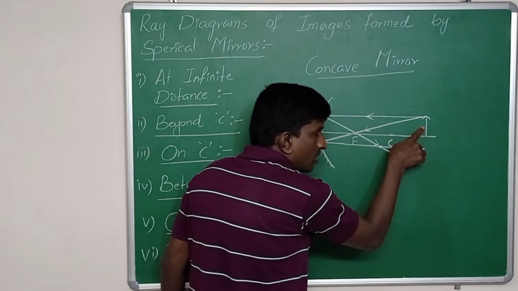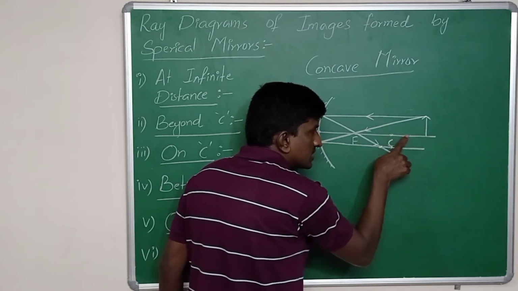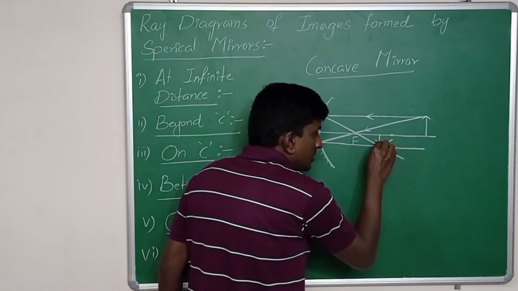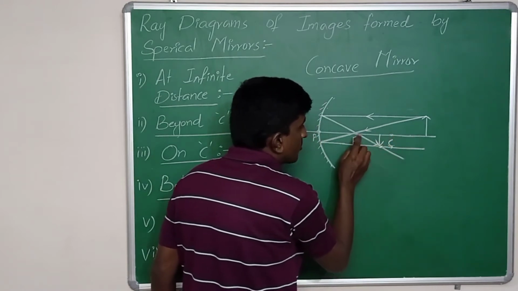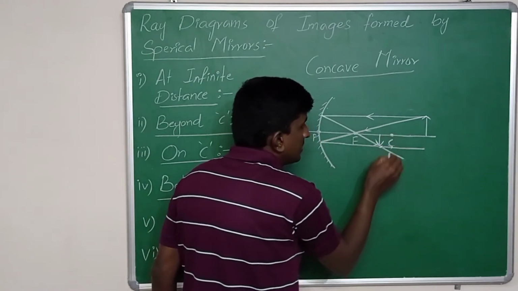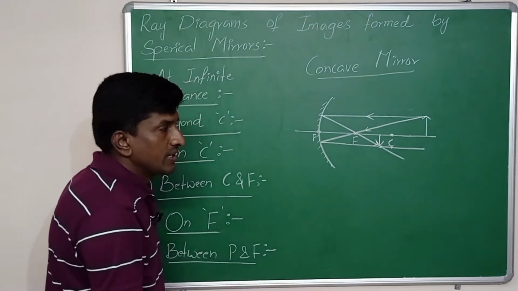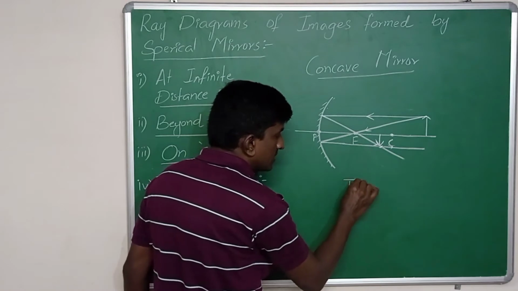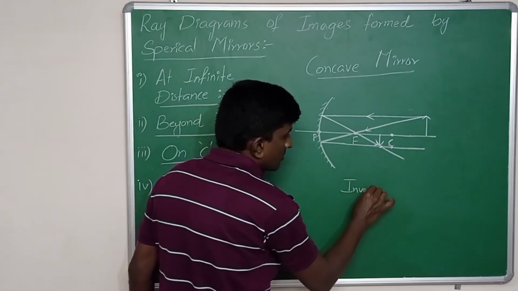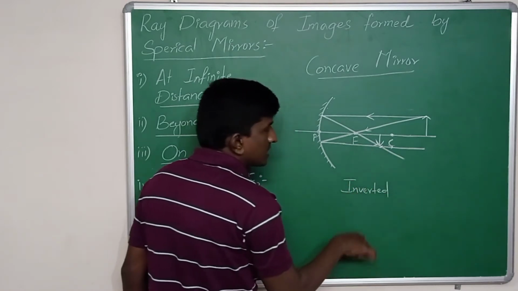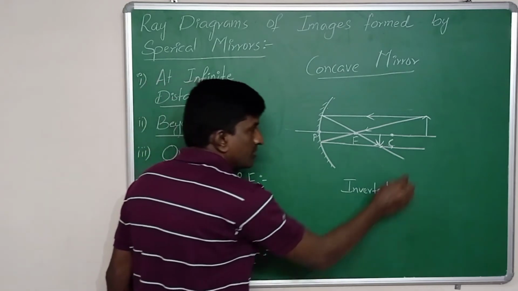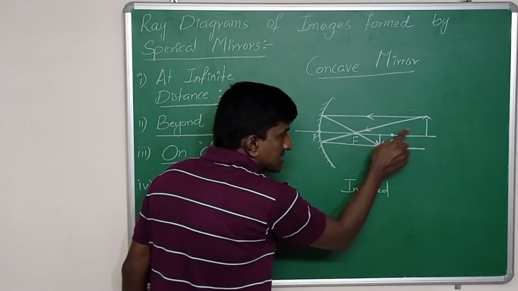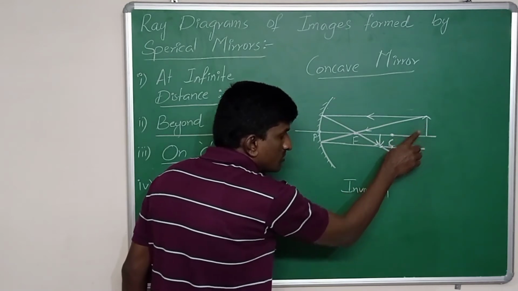So for the object which is beyond C, the image of that object is formed between F and C. Here we can observe the image is inverted, and the size of the image is smaller than the object.